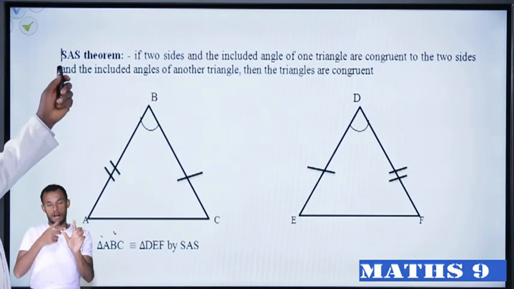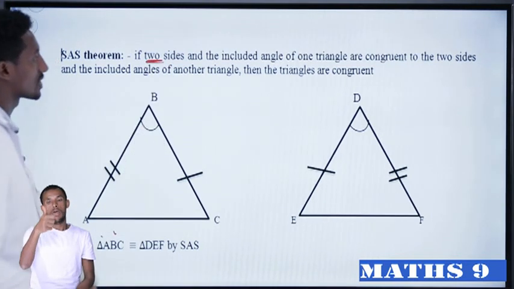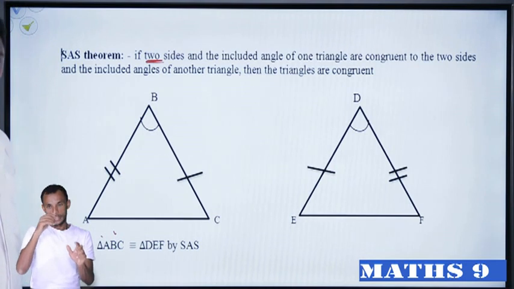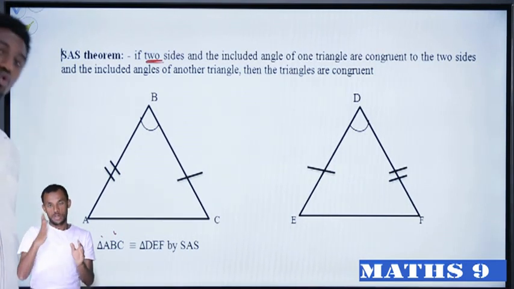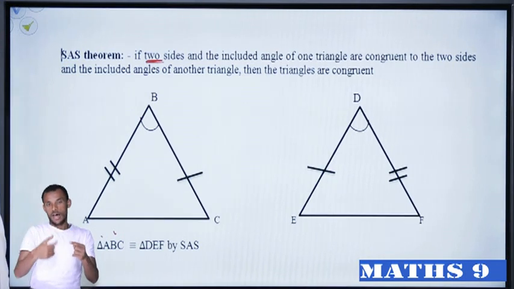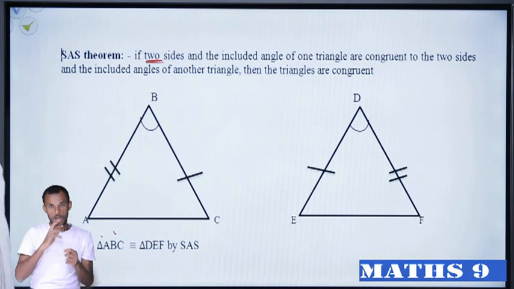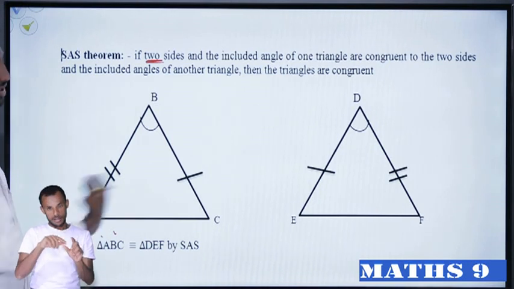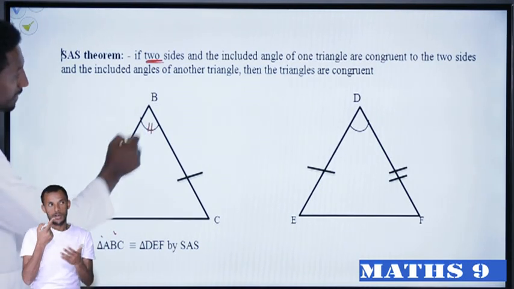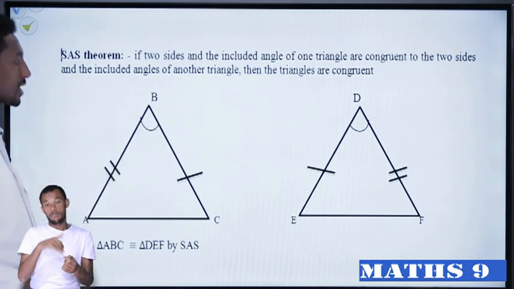Another one, side-angle-side. If two sides and the included angle of one triangle are congruent to two sides and the included angle of another triangle, then the two triangles are congruent by the side-angle-side congruency theorem. We can also explain using this figure. Here angle B is congruent to angle D. Since they have the same sign, they are congruent.